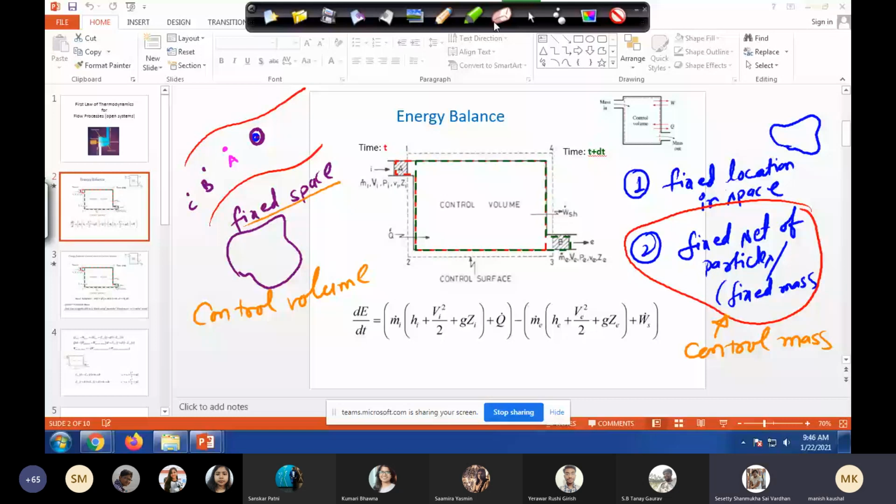No. See, you can modify your equations. That's a different thing, and then you can apply them for both.